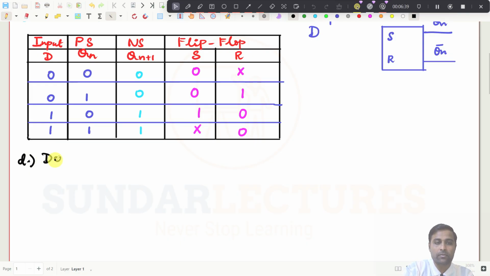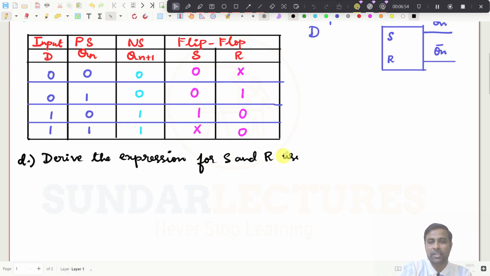Derive the expression for S and R using D and Qn inputs.